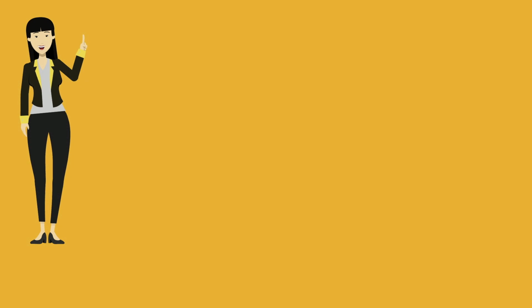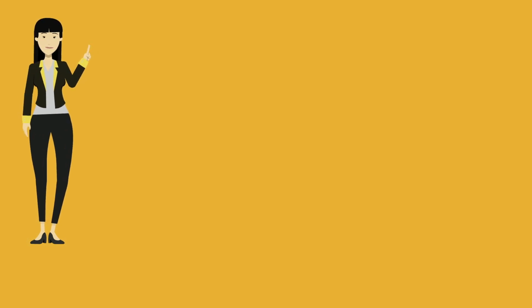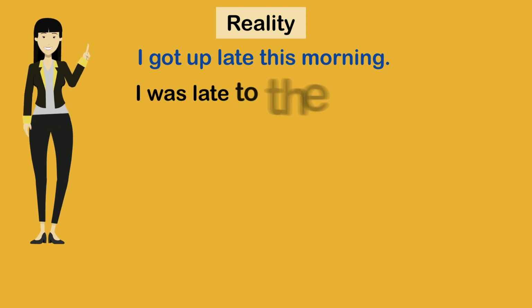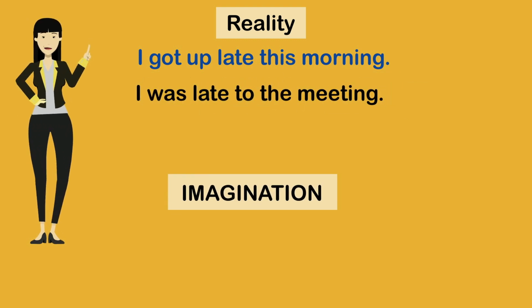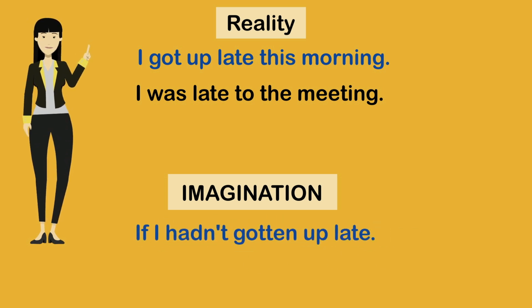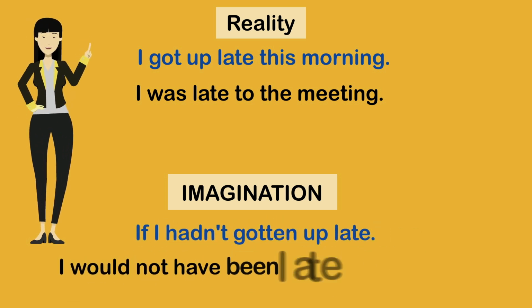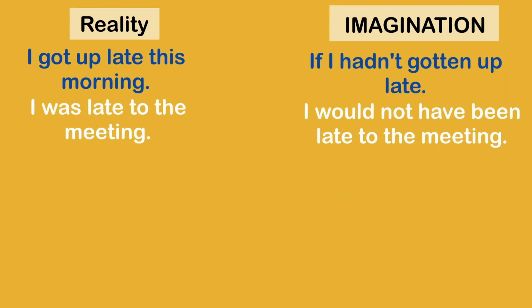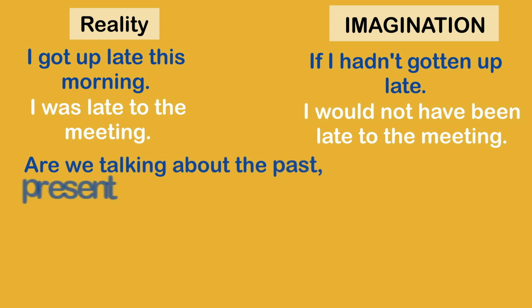Let's go a little deeper. Reality is, I got up late this morning. I was late to the meeting. But what I'm imagining is the opposite. If I hadn't gotten up late, I would not have been late to the meeting. Are we talking about the past, present, or future? Past.